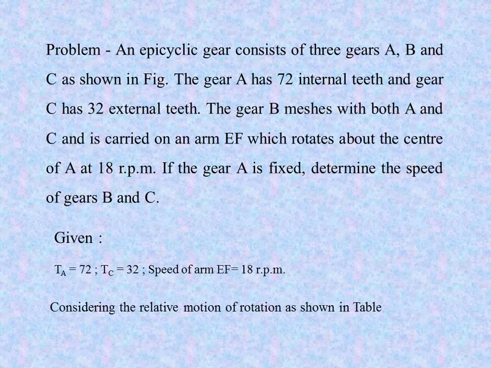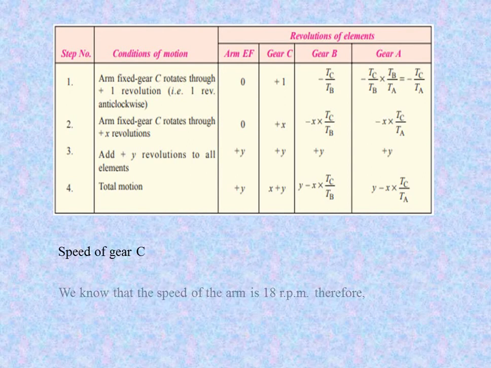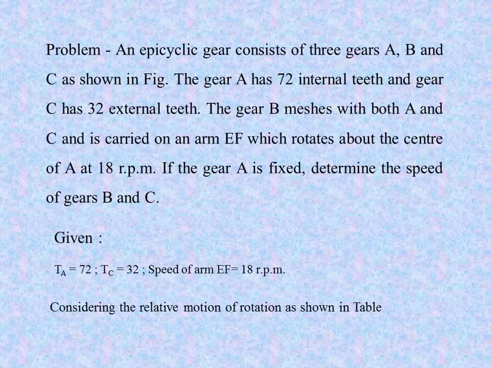In this problem, I have not included the figure here, so assume the figure. While providing this PPT I will mention the figure. So what is the figure? An epicyclic gear train consists of 3 gears A, B and C. Gear A has 72 internal teeth, that means gear A is an annulus gear or annular gear.